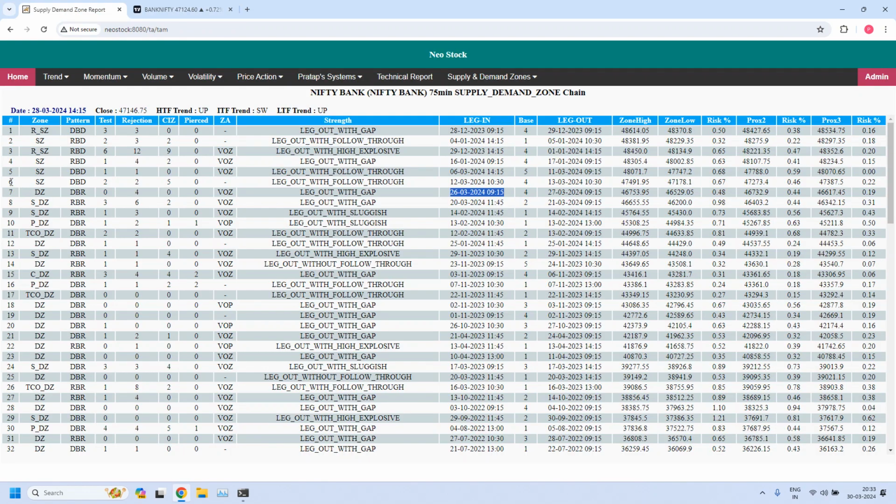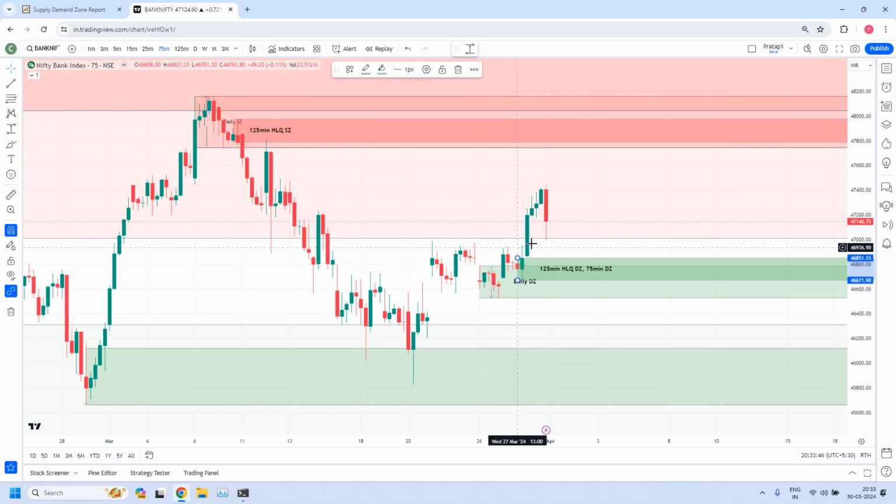So what is the next supply zone? The 6th one, already tested twice. It was created on 12/3, the 10:30 candle, after that 4 base candles. This is the one: drop, 3 base candles, 4 base candles and again a drop.